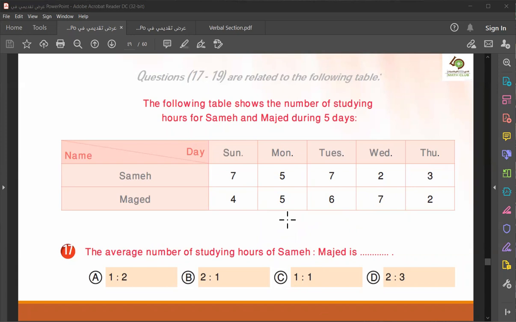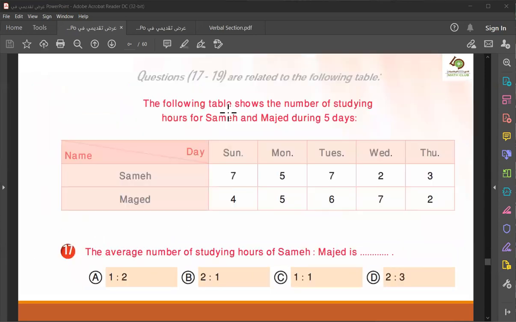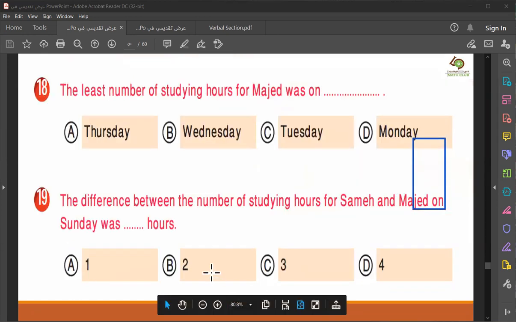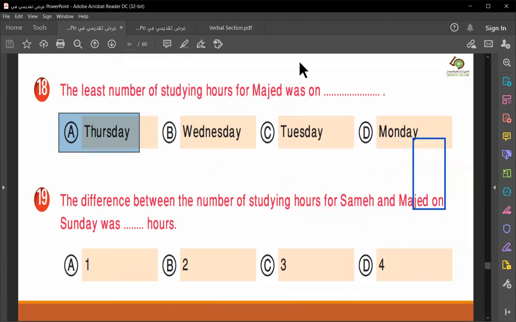Here, where is Majid? Tuesday, right? Or Thursday, right? So the answer is Thursday. It is A. Good? Okay, now.